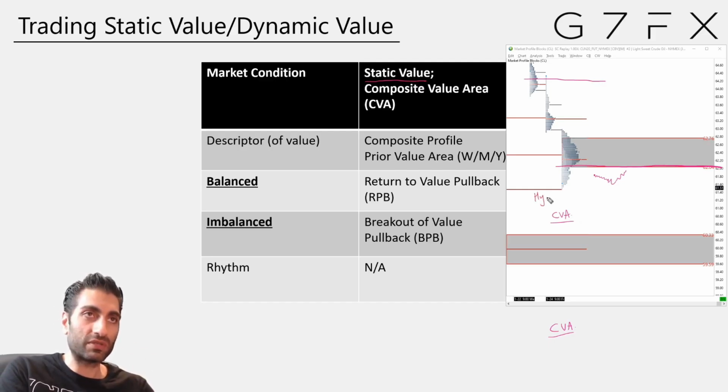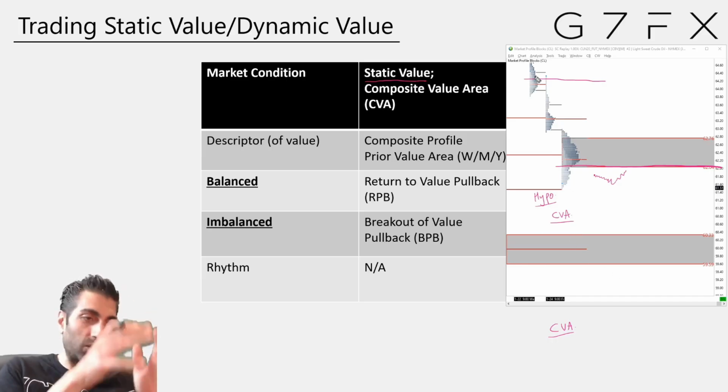So the hypothesis for the day: composite value area, imbalanced. So the expectation is what? Imbalanced. But then if my day was imbalanced as well, I'd have to write imbalanced here, and if I'm on the same chart weekly, this will become apparent when we do the VWAPs on the weekly, monthly, yearly.